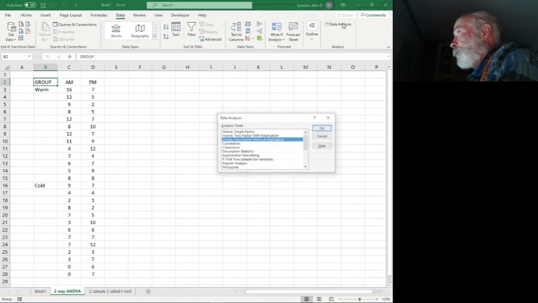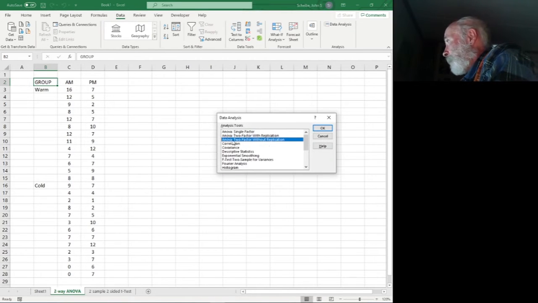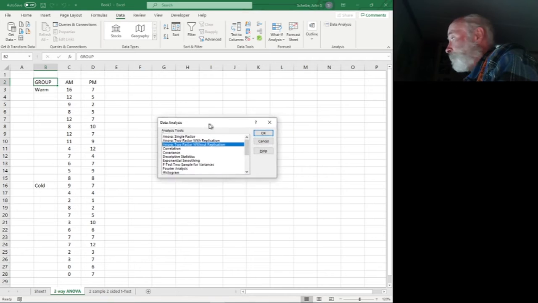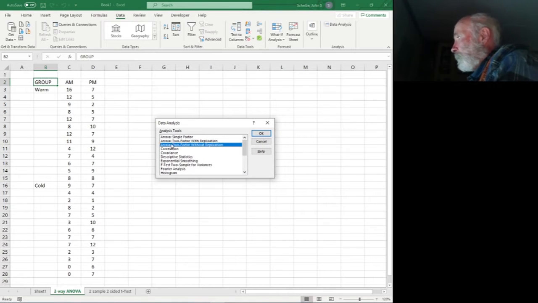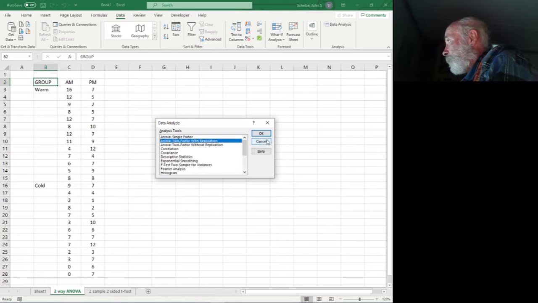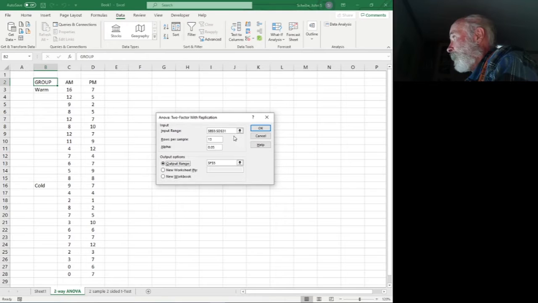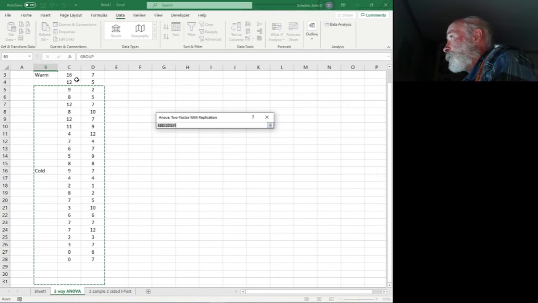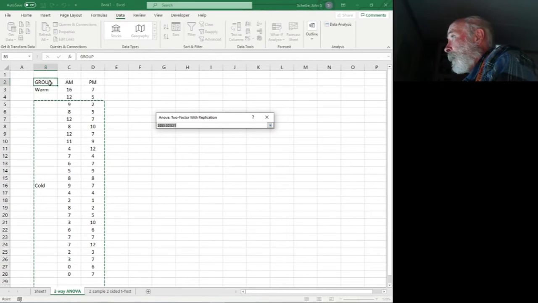So again, we're going to go over to the Data Analysis tab. When this little dialog box opens up, we're going to select ANOVA two-factor with replication, because we do replicate the observations, and click OK. Our input range is going to be this entire group here, which includes these labels up here at the top.